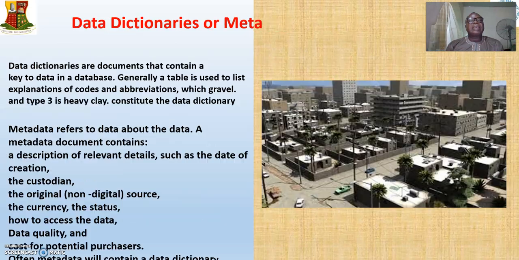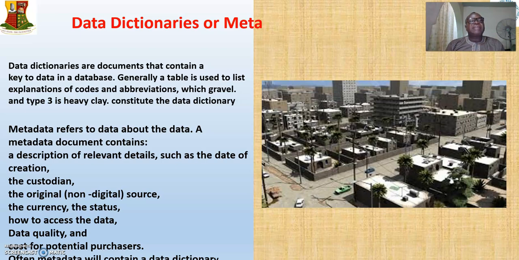So what is critical in databases is what we call the data dictionary or metadata. The data dictionary is the document that describes or contains information about the data in the database. For instance, it can contain information about the date it was acquired, the person that acquired it, the accuracy level, and the input data source, like whether you got the data from an image or from sensor data or from other sources.